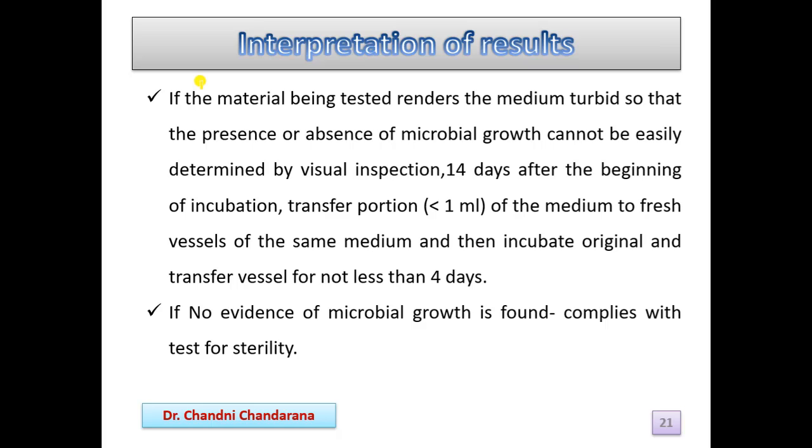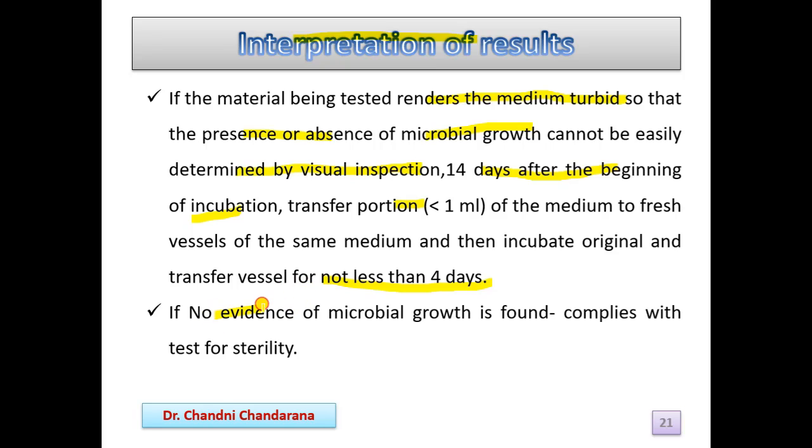Next is how we can interpret the results. If the material being tested renders the medium turbid so that the presence or absence of microbial growth cannot be easily determined by visual inspection, that is, 14 days after the beginning of incubation, then transfer a portion less than 1 ml of the medium to fresh vessels of the same medium, and then incubate the original and the transfer vessels for not more than 4 days.